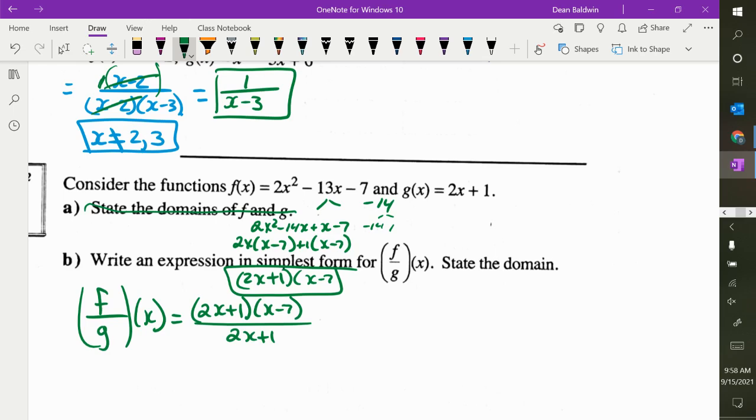Do we have it? Want to mark those? Want to mark them?